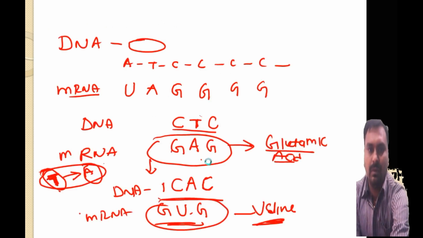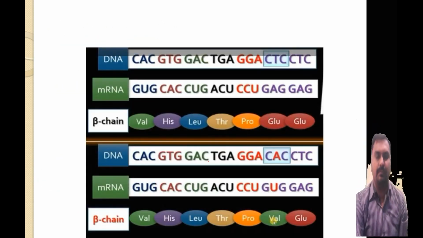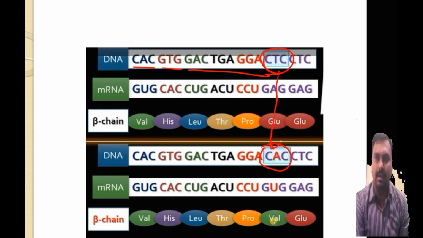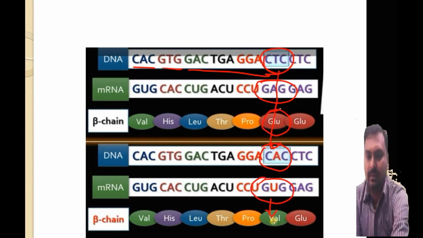I have kept one picture. This is normal DNA with CTC; if the thymine is replaced by adenine, then the mRNA, normally GAG, is replaced by GUG. GUG codes for valine, while GAG codes for glutamic acid.